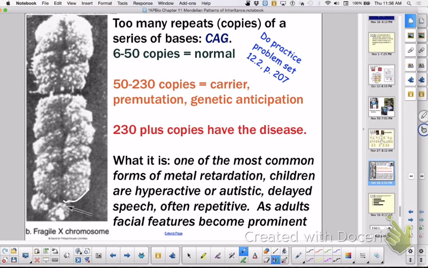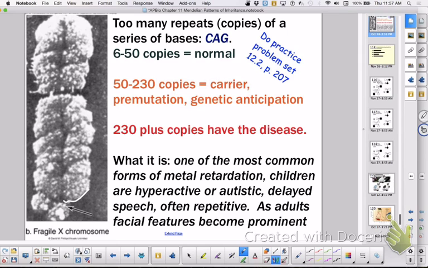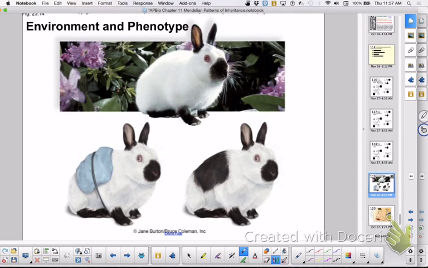Children are hyperactive or autistic, with delayed speech. They can have facial features and other issues that go along with that, but that is on the X chromosome. Okay, and then there are lots of practice problems that you could do.